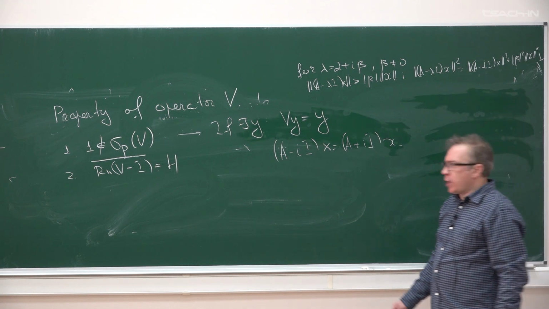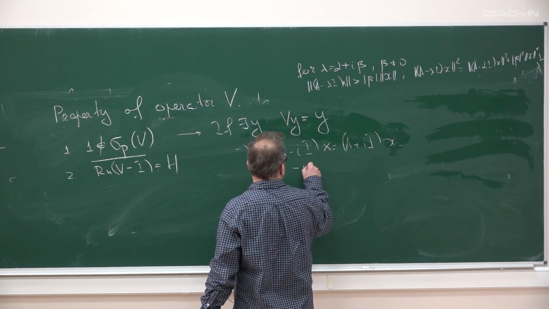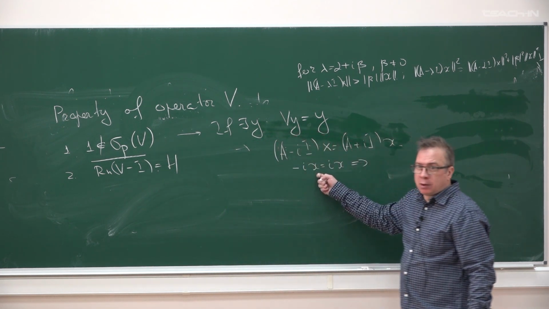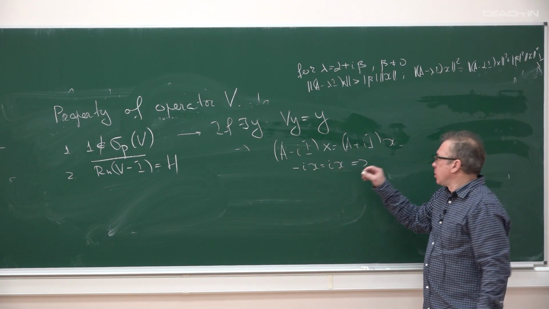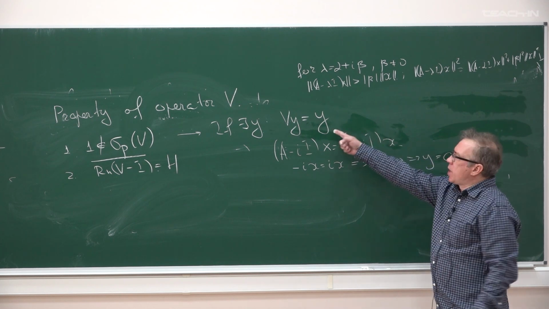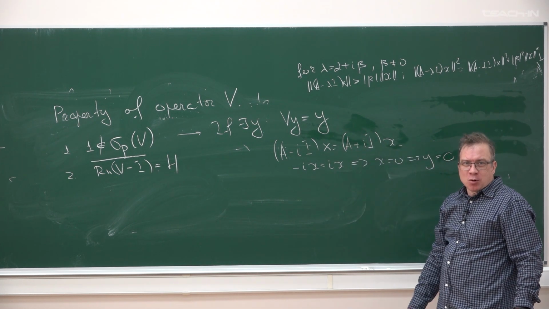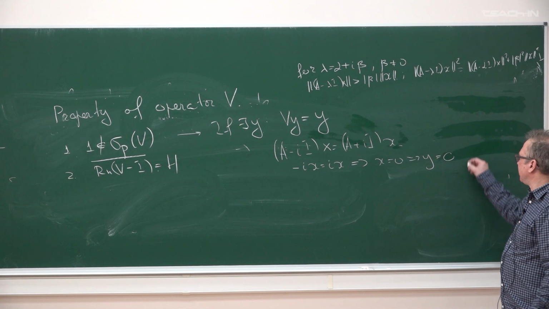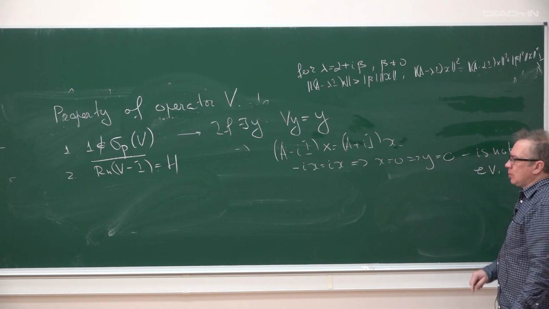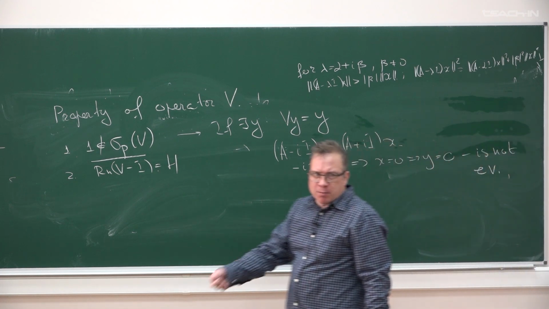So we immediately obtain what? Then x is 0, then y is 0. So it is not an eigenvector, because an eigenvector must be not 0.